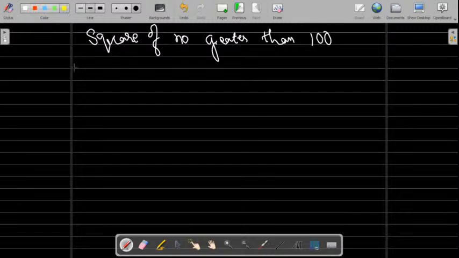Let us take one example, that is 108 square. So take this number.